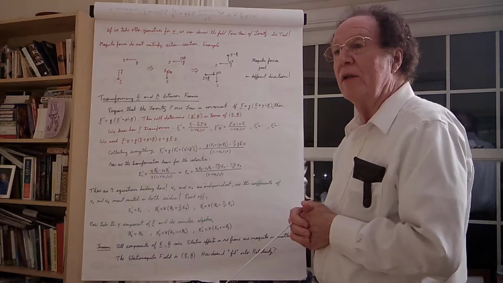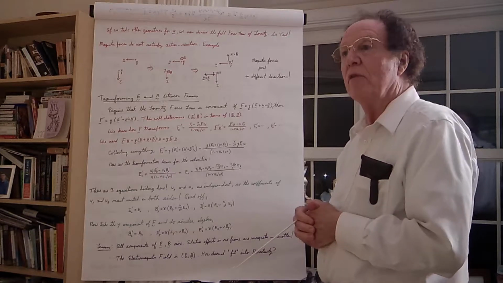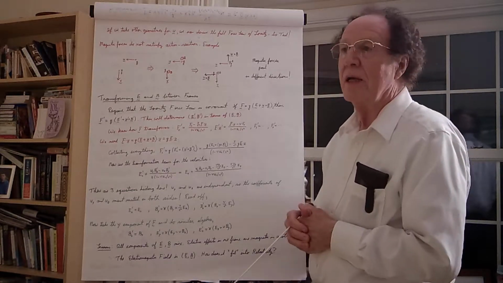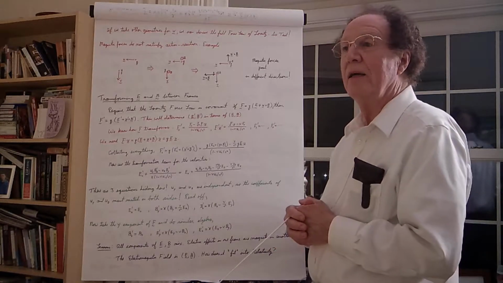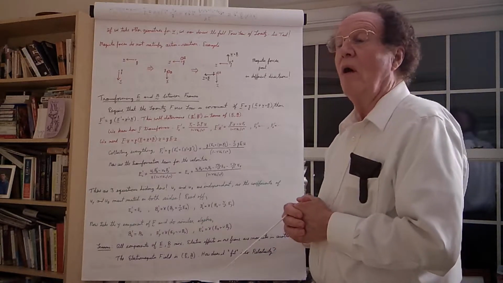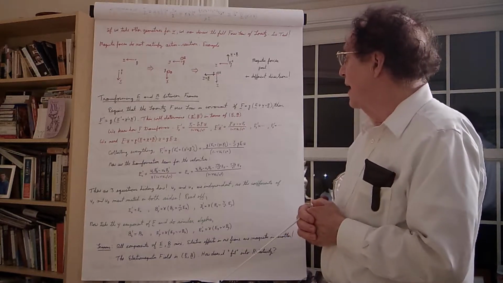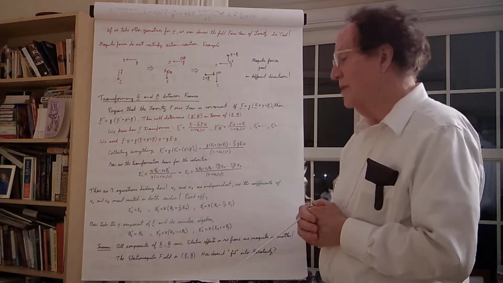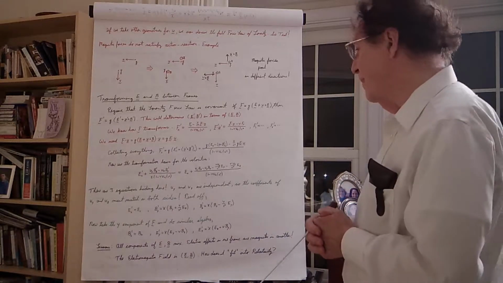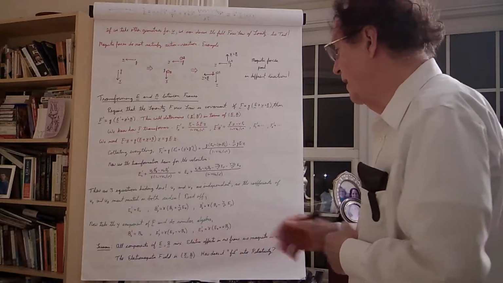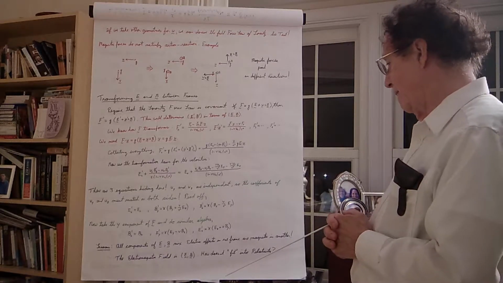In fact, in order to transform any particular component of the electric field or the magnetic field between frames, and let's imagine boosts in the x, y, and z direction, then I'll have to know the electric and magnetic fields in the other frame in all the directions to get the electric field or the magnetic field in one direction in the lab frame. So all of the E's and B's mix, and so I refer to the electromagnetic field as being all 6 components of E and B.